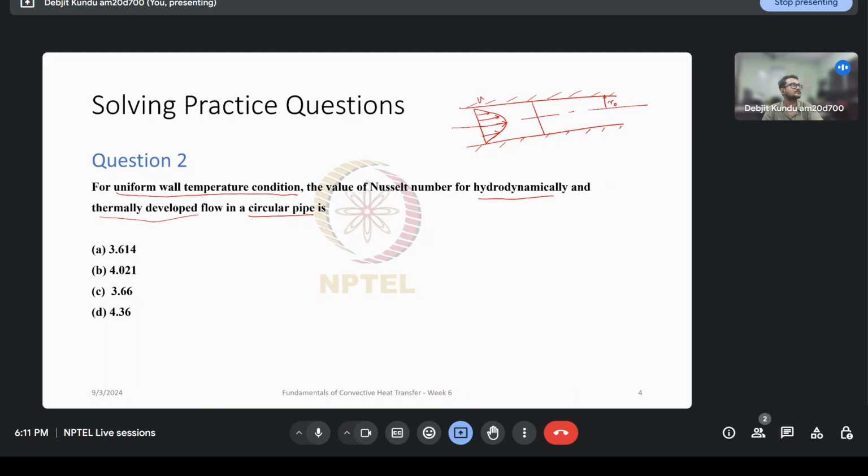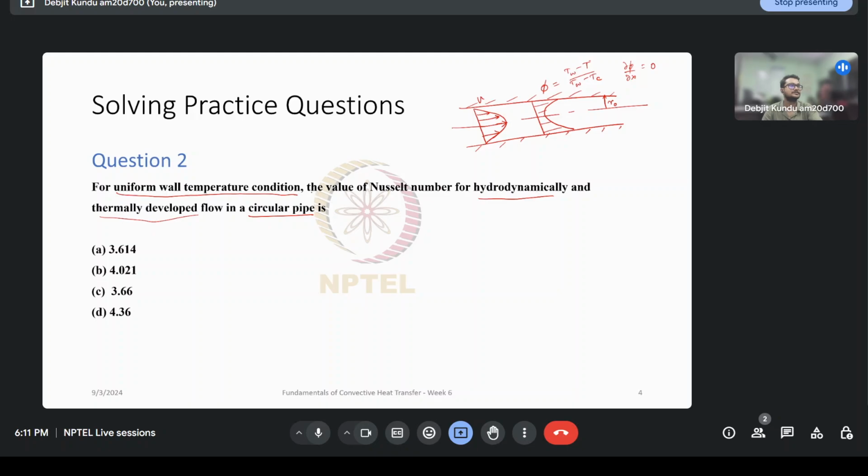So if I, let's say, plot phi, which is the non-dimensional form of temperature, which can be written as T_w minus T divided by T_w minus T_c, and since it is fully developed, this dou phi by dou x is equal to 0. This is the thermal profile or temperature profile.